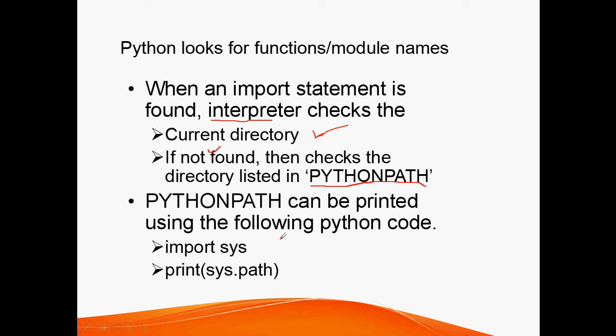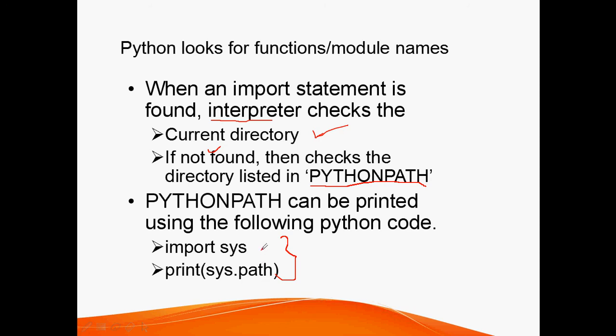You just have to execute these two lines of code, then you will see where the Python path is. Site path will be shown there. The Python path can be printed using the following code: import sys, print sys.path. All the places where Python files are stored will be seen here.